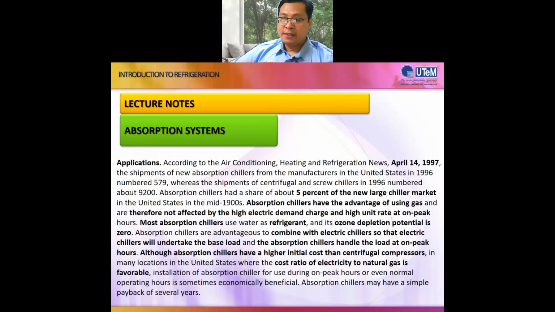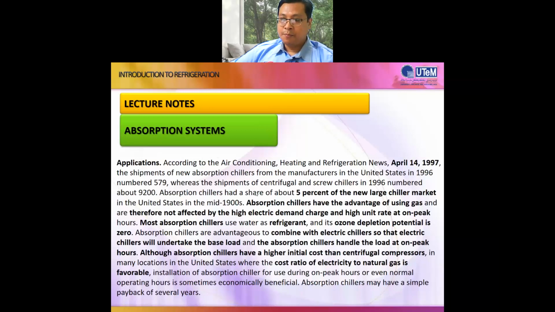So the application of the absorption system, according to the air conditioning or HVAC, April 14: shipment of the new absorption chiller from the manufacturer in the United States in 1966, number 579.